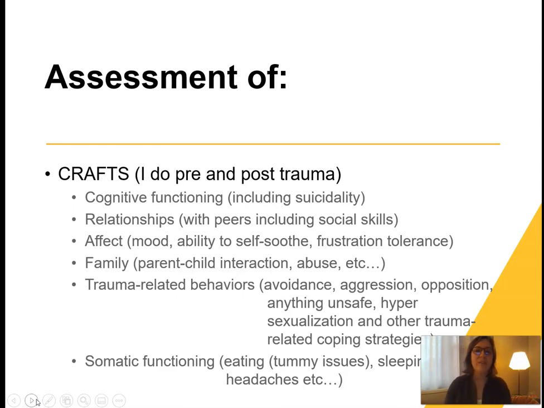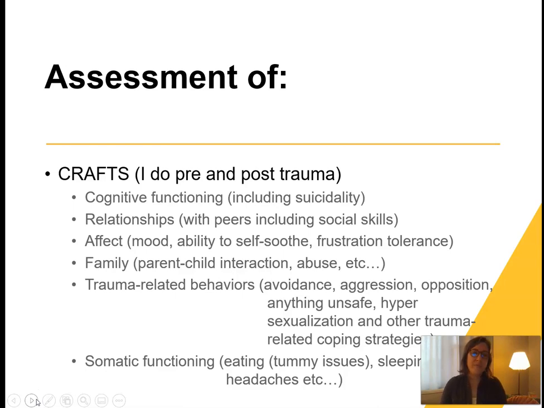The CRAFTS looks at their cognitive functioning, which also touches on suicidality. We look at relationships with peers so we get an idea of their social skills. We look at their affect, which is mood. Can they soothe themselves? What is their tolerance of frustration or uncomfortable feelings or distress? What is their family situation like? What kind of attachment, good or bad, have they built with their families or caregivers? Have they experienced abuse?